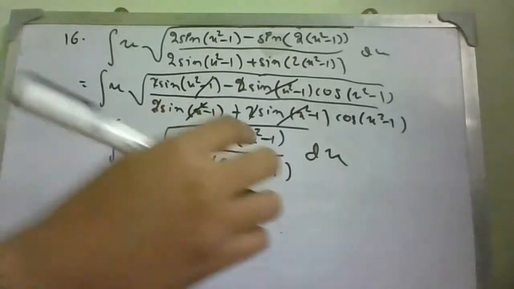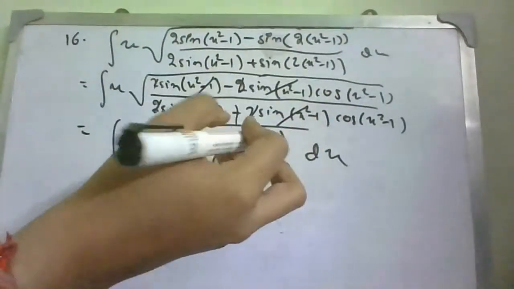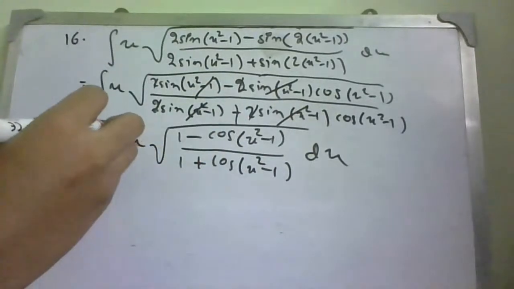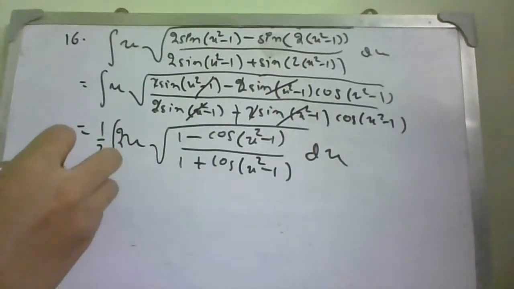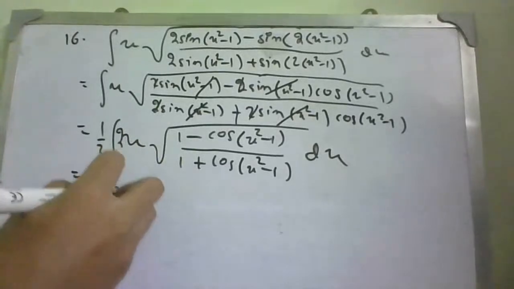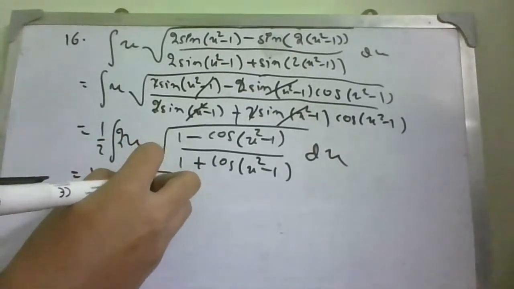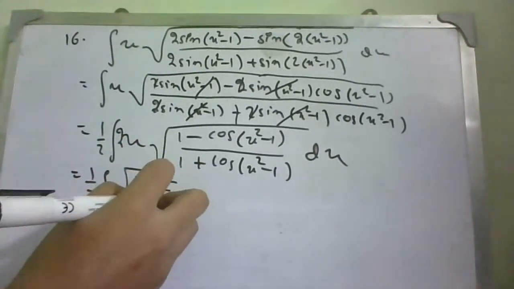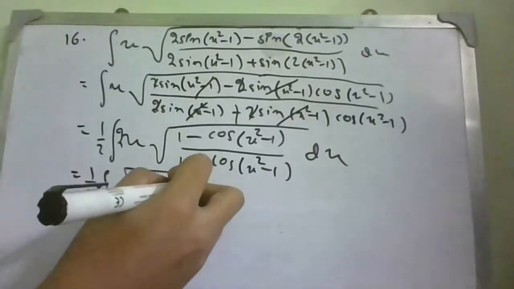So we can assume that x square minus 1 is some t, then dt over dx will be 2x, so we can multiply this. So we get 1 minus cos t over 1 plus cos t dt.